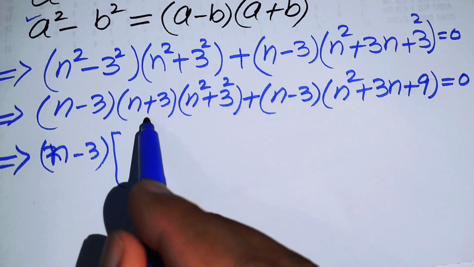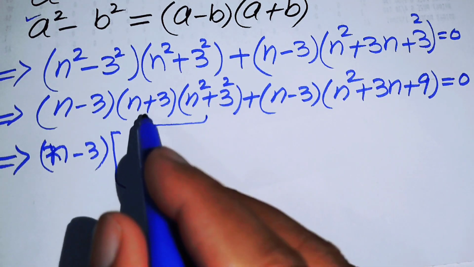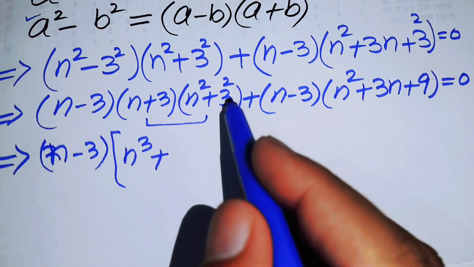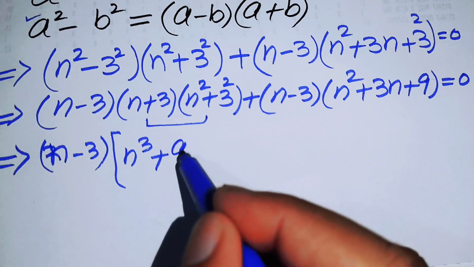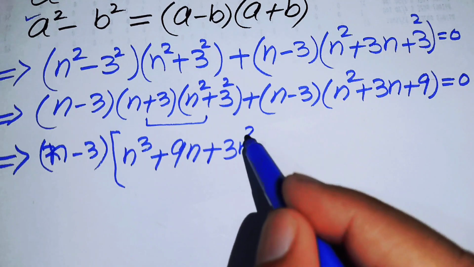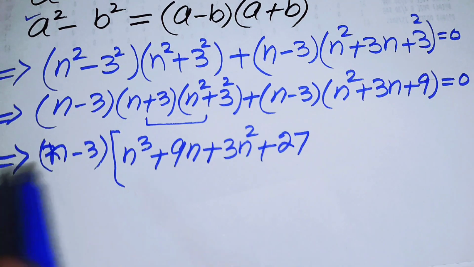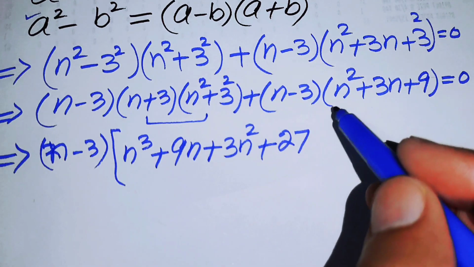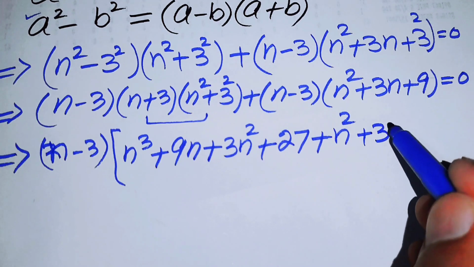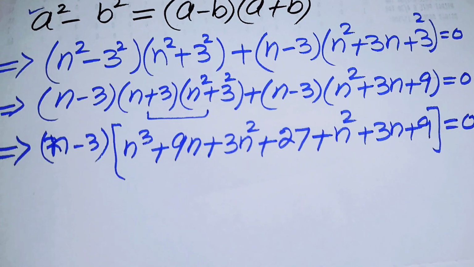So now we can multiply these two factors. When you multiply n by these two, you will get n cubed, plus 3 squared, which is equal to 9, so we get 9 times n, plus 3 times n squared, plus 9 and 9 threes are 27. And here you take n minus 3 and you will only get the term n squared plus 3n plus 9, and this whole equation is equal to 0.